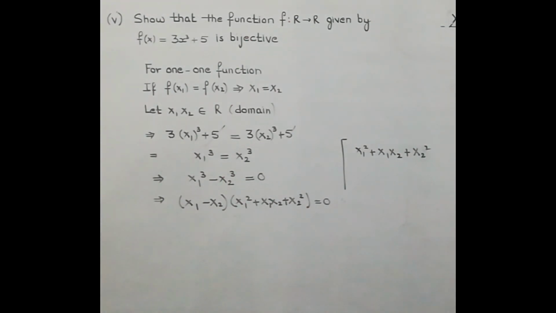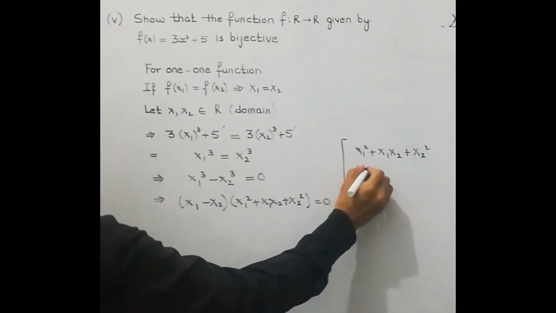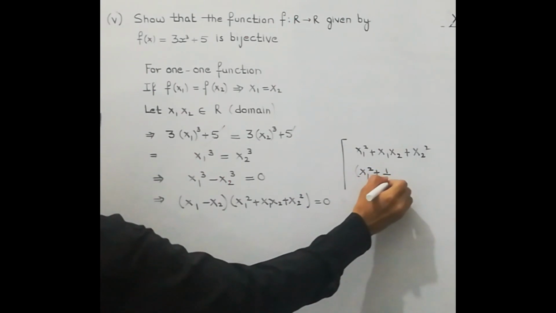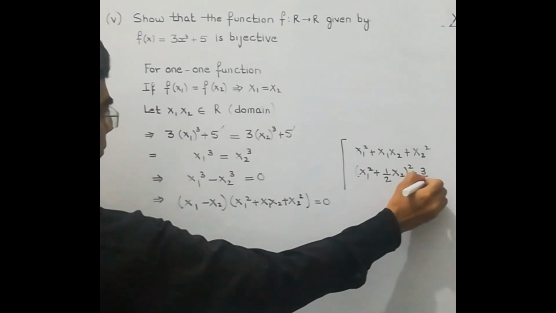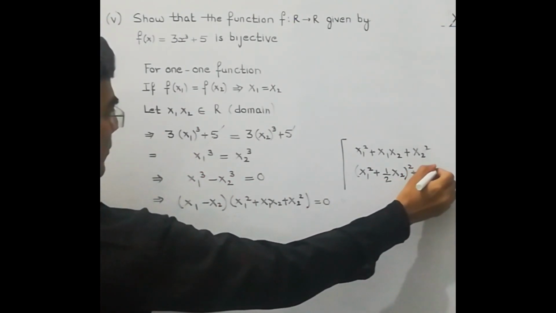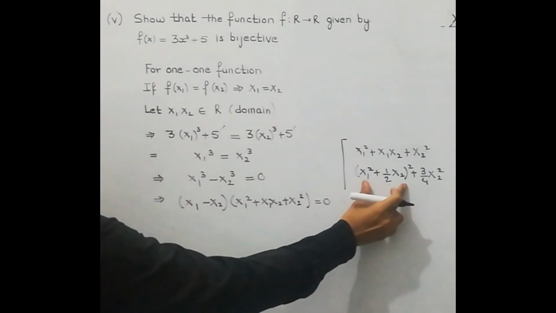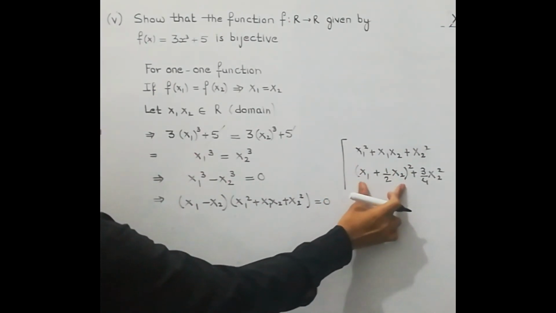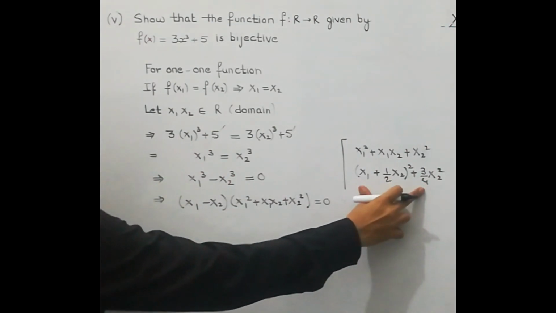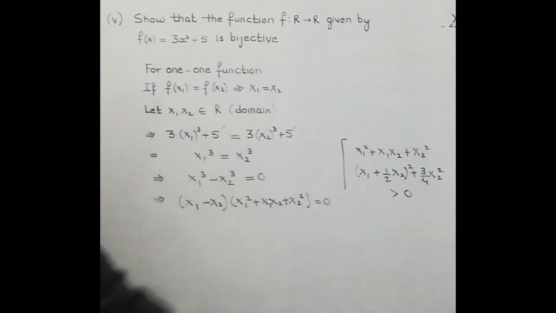Now for that, this can be written as, you will get it this way. Now this is a whole square, so this will be either 0 or greater than 0, right? And this portion is positive, so adding to it you will get greater than 0.